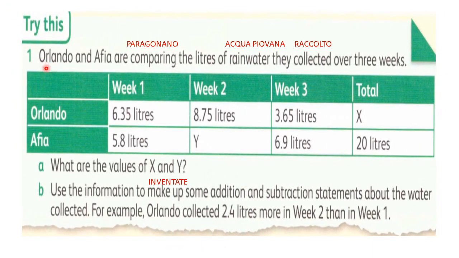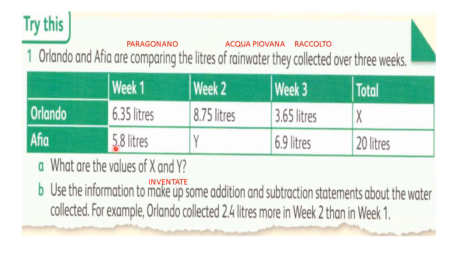The last exercise I'd like you to try is the Try This panel. Orlando and Afia are comparing the liters of rainwater they collected over 3 weeks. Orlando collected 6.35 liters the first week, 8.75 liters the second week, 3.65 liters the third week, and X is the total of the 3 weeks.